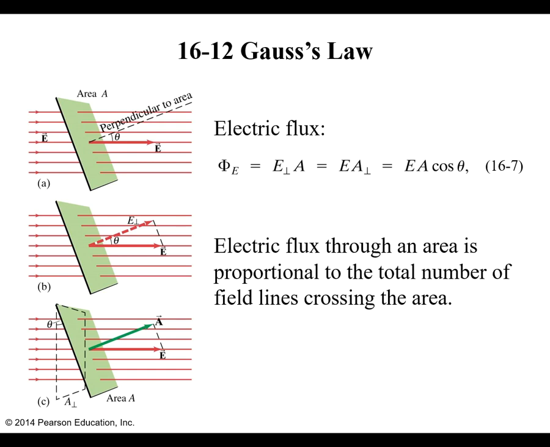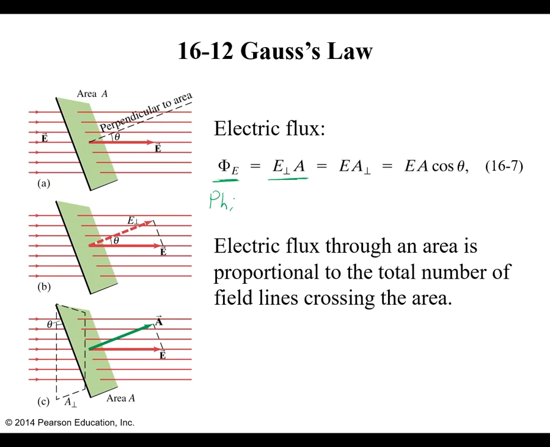So the way we calculate this electric flux is we indicate it with this. This is the Greek letter phi. So electric flux, phi sub E, is going to be the component of the electric field that is perpendicular to a surface area A. So look at figure A. This is what we're dealing with.